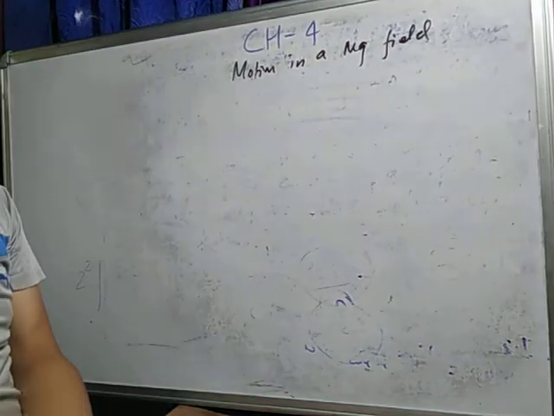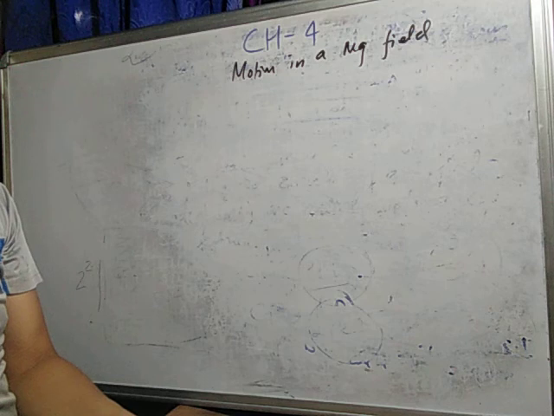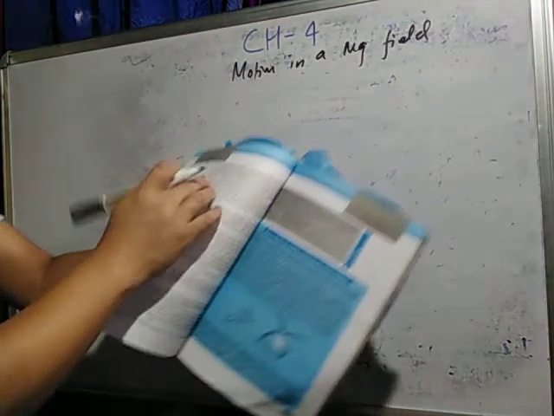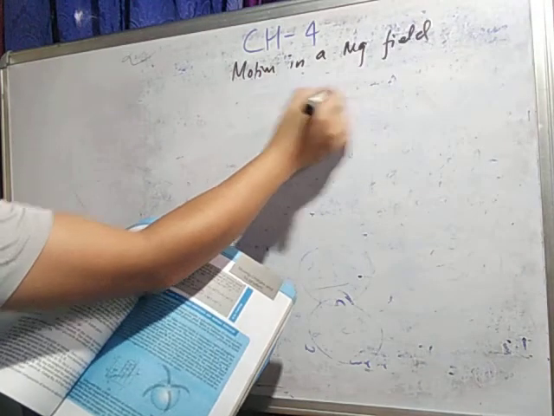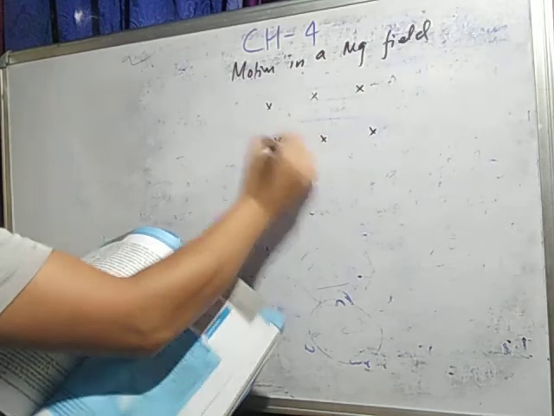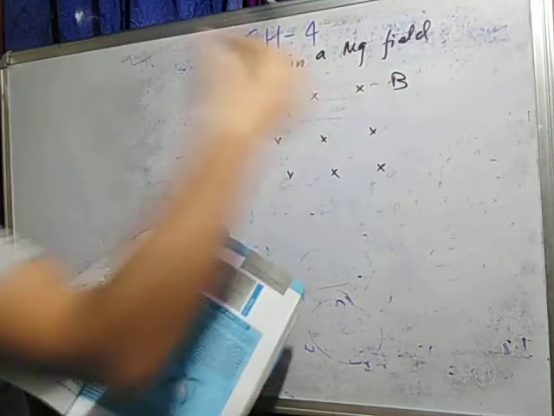So draw this one. If you want to draw it, draw it. B is going downward, like this. This is your magnetic field going this way.